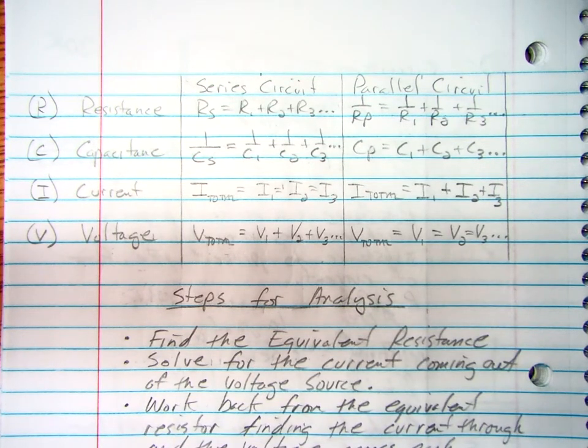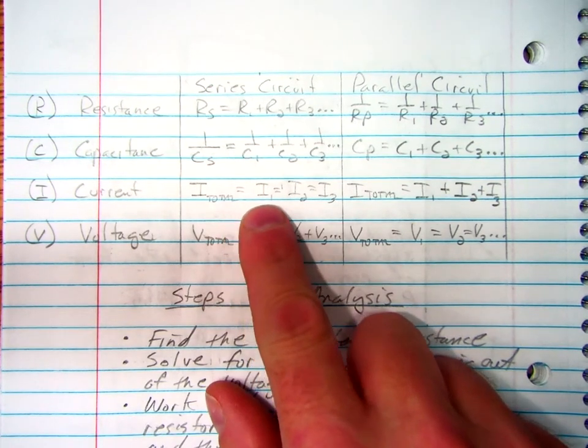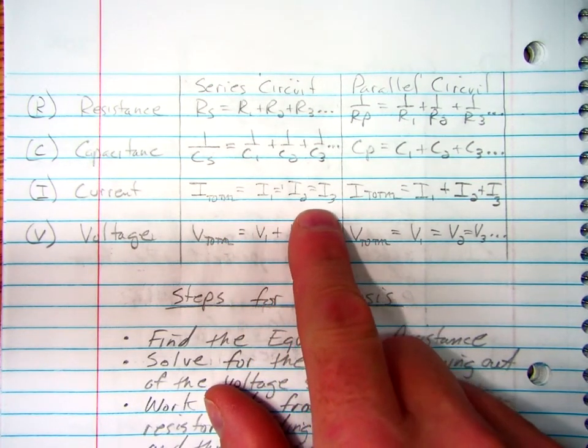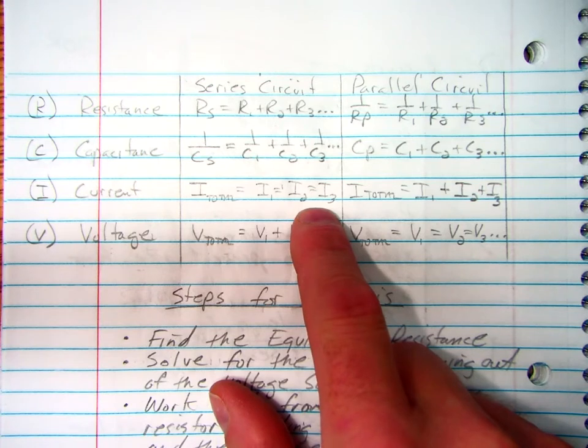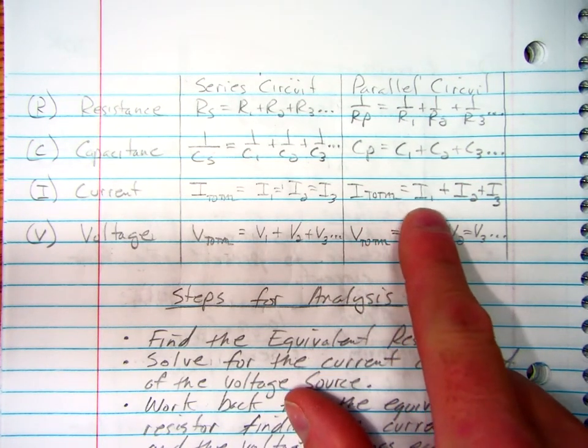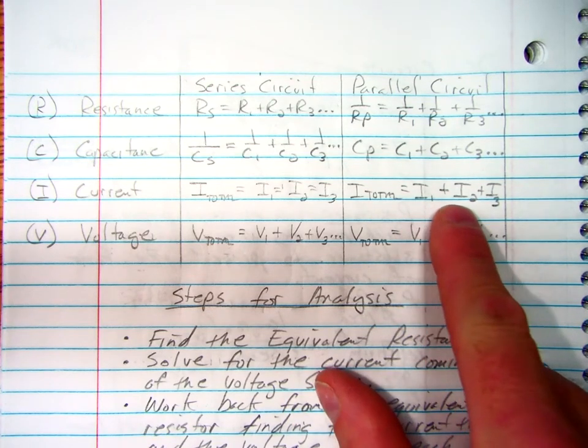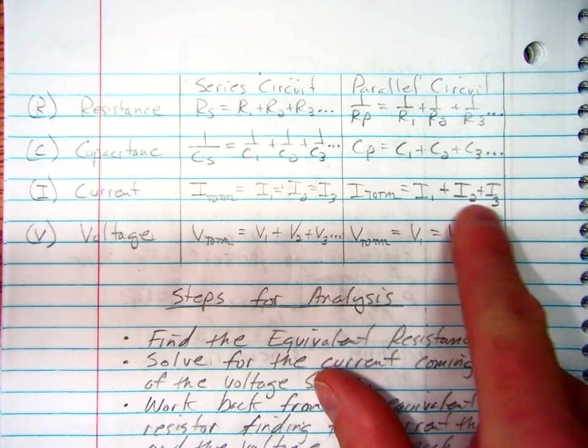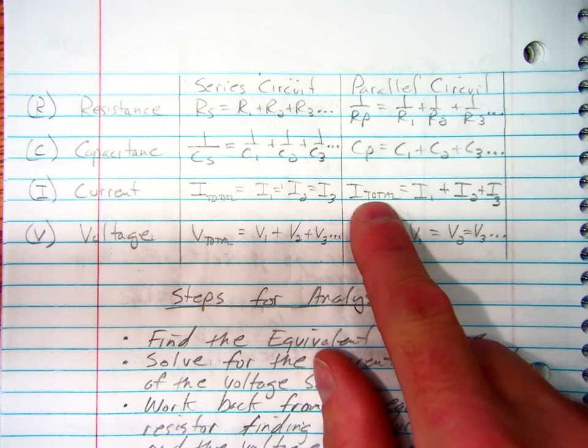Current in a series circuit is equal in all of the elements in the series. All the current has to go through all of the elements. In parallel, you have different pathways, and so you have to add up all the currents of all the different pathways, and that gives you the total current going through the parallel leg.